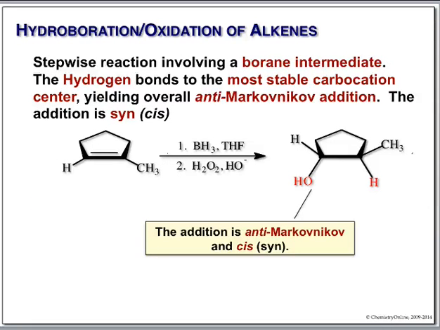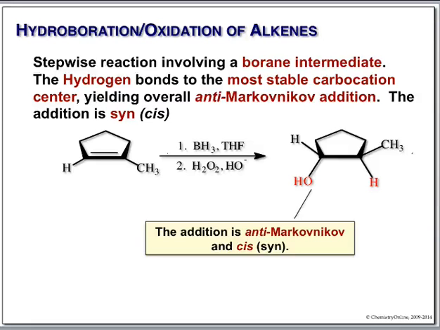So there is a very simple reaction that we can do to give an anti-Markovnikov alcohol. And this reaction involves BH3. THF is simply a solvent. Tetrahydrofuran, it's an ether. Second step, we're going to dump in peroxide in the presence of base.